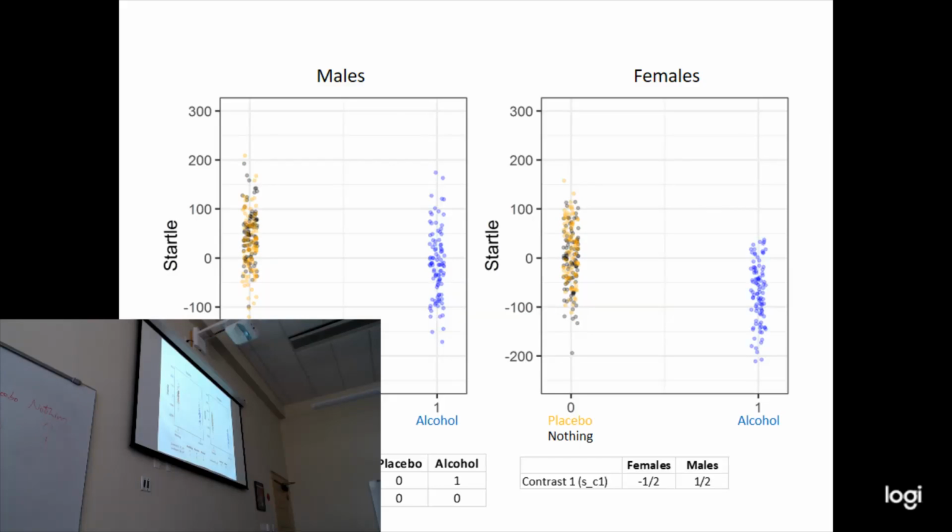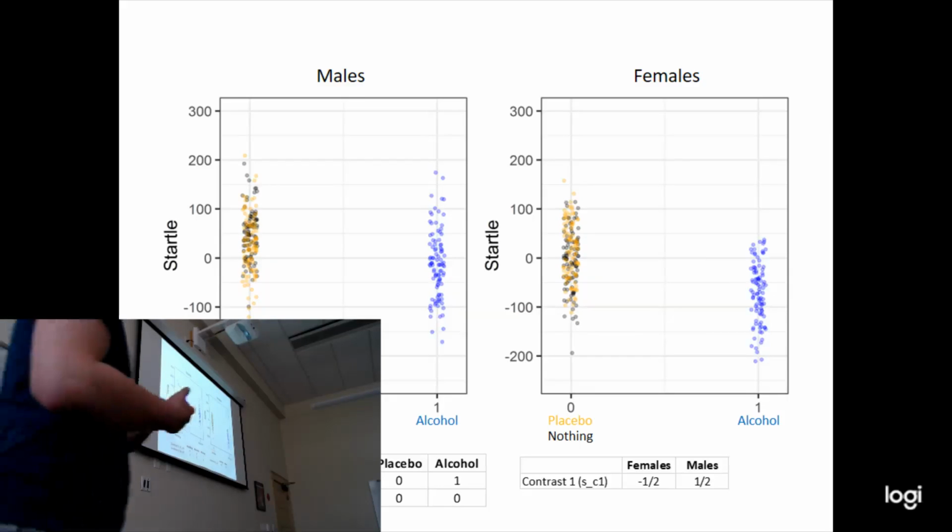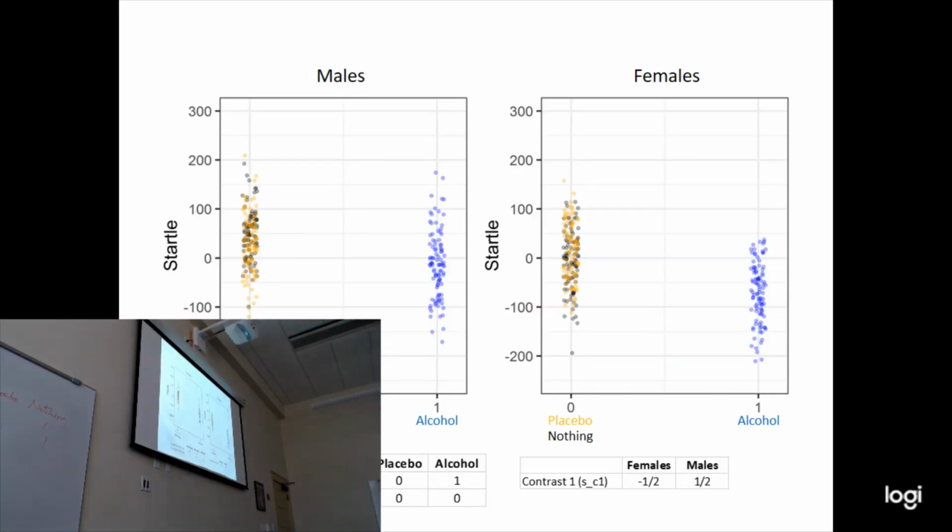Just as before, if I'm thinking about the effects of C1, I need to adjust for the effects of C2. So that's one special feature of dummy coding: dummy codes are correlated with each other. That means in order to find the parameter estimate for one of your dummy codes, you need to adjust for the effects of the other dummy code.